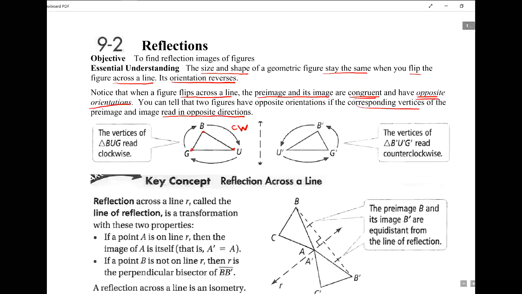And we flip it across this line here. We just flip it over. And then when we read our image, it's B prime, U prime, G prime, same order, but it goes counterclockwise. Probably would have been a lot easier if we'd used more than a triangle, but that's okay. You can see the idea here.